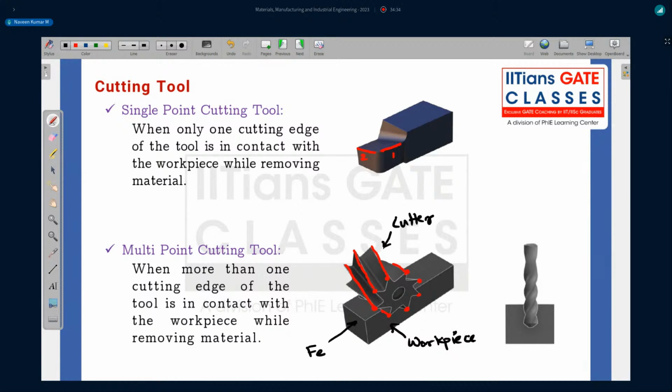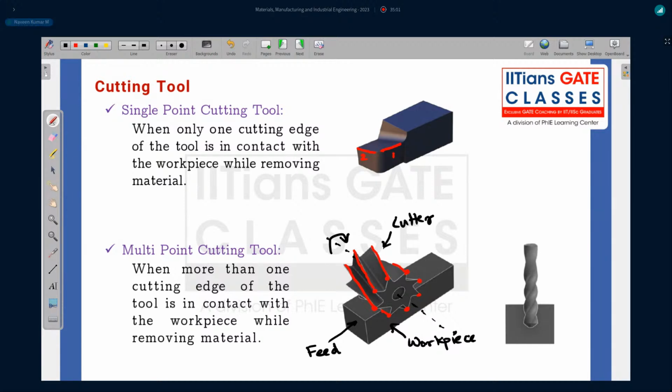A new term, feed. We'll discuss that. And here the rotation is given to the cutter. The distance between the unmachined surface and the machined surface is the depth of cut. We'll discuss that in the cutting parameters.